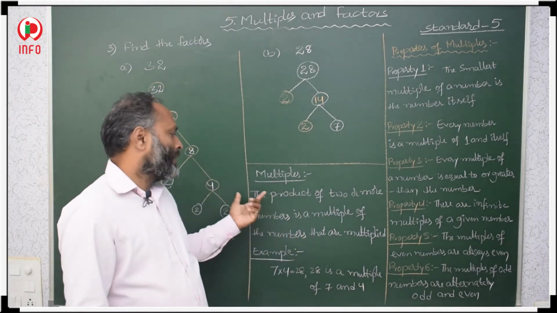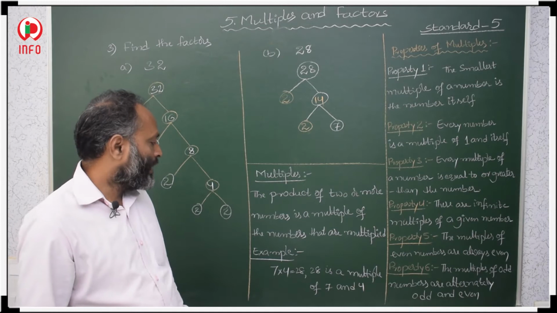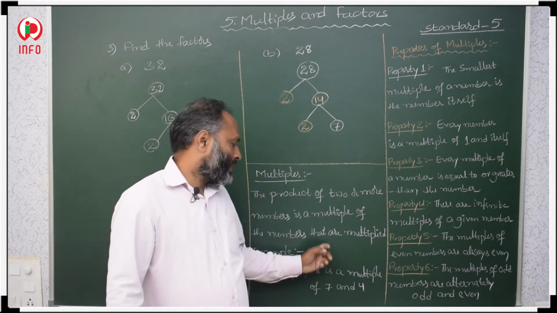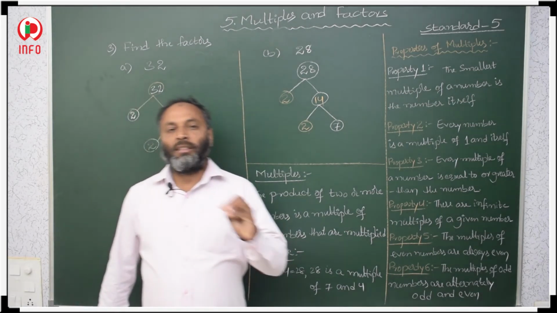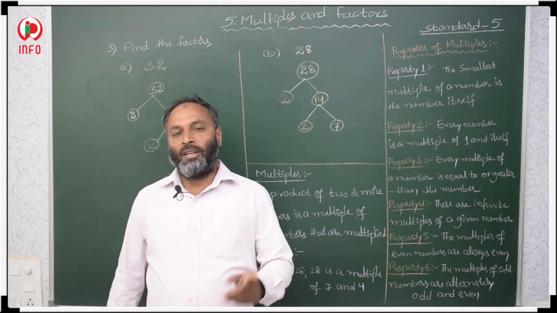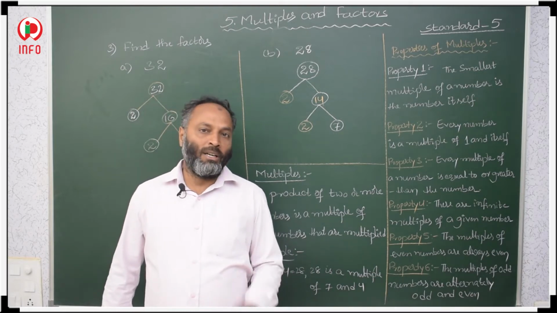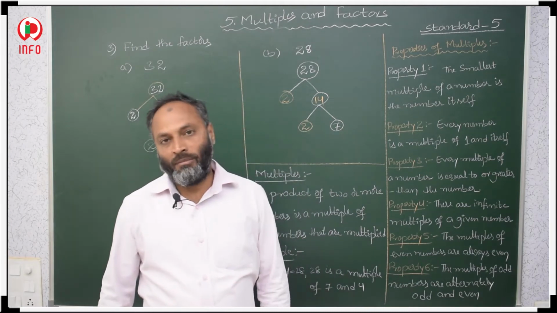A multiple is the product of two or more numbers that are multiplied. Here, 5 3s are 15. These two numbers, 5 and 3, are multiplied, and the product is 15.